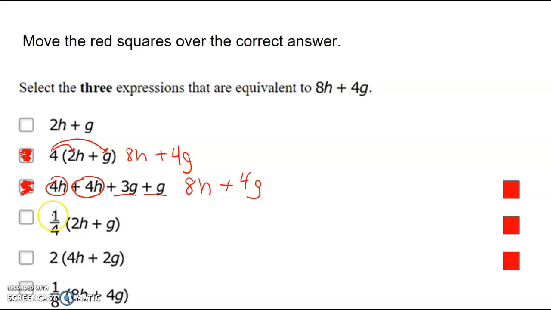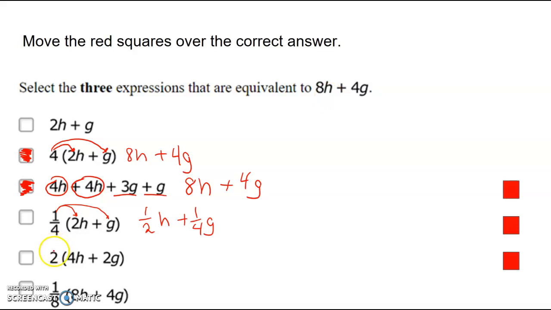For this one, 1/4 needs to be distributed to everything in the parentheses. So 1/4 times 2 is going to be 1/2 h plus 1/4 g, which does not equal 8h plus 4g, so that is not an answer.